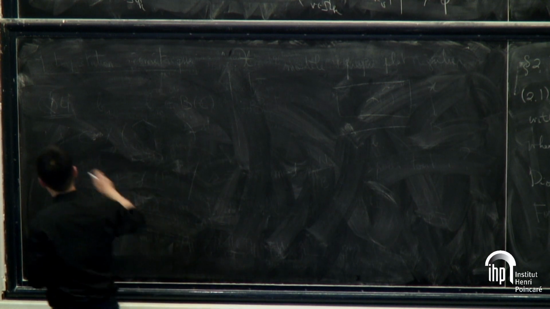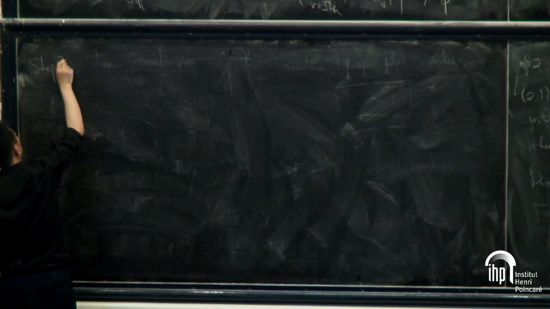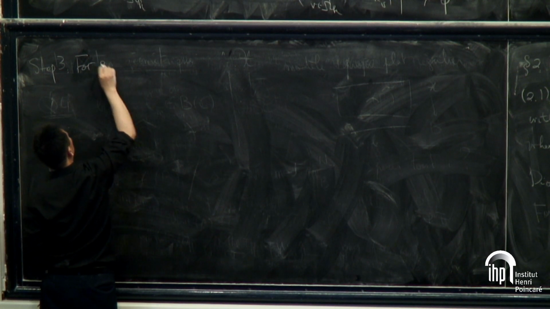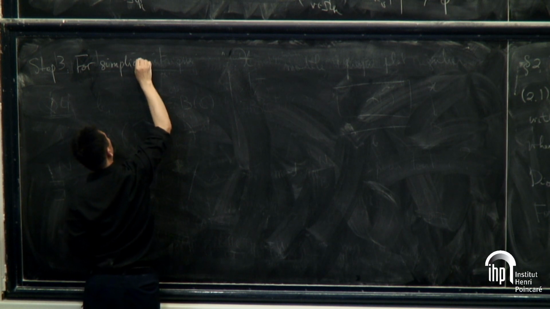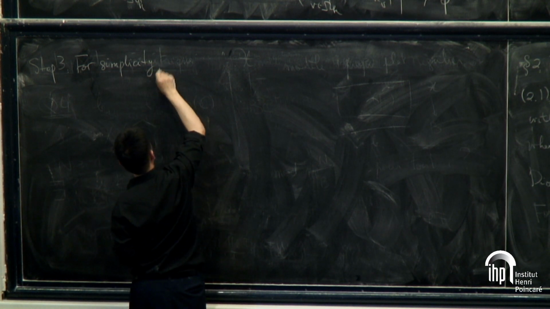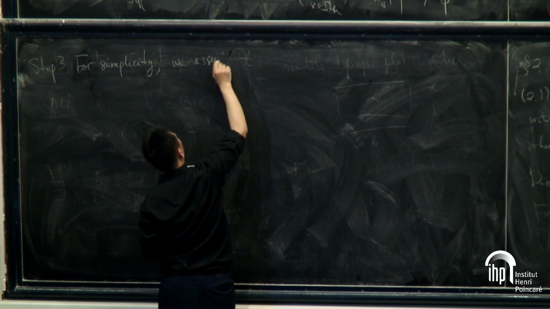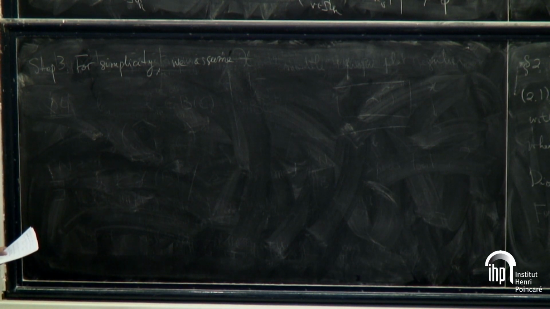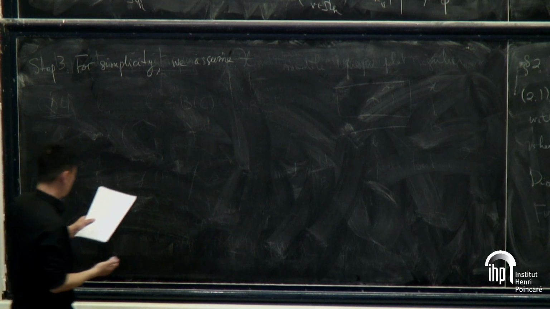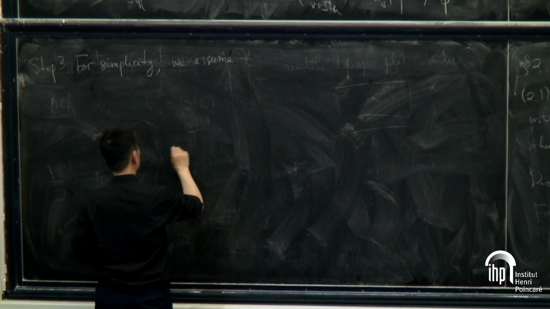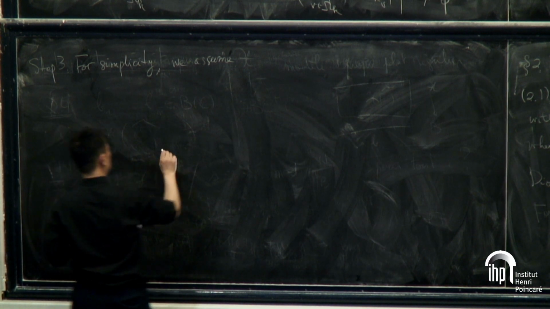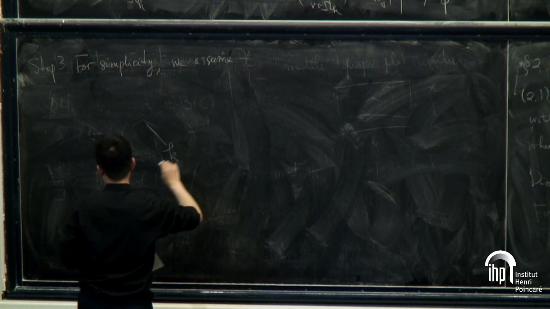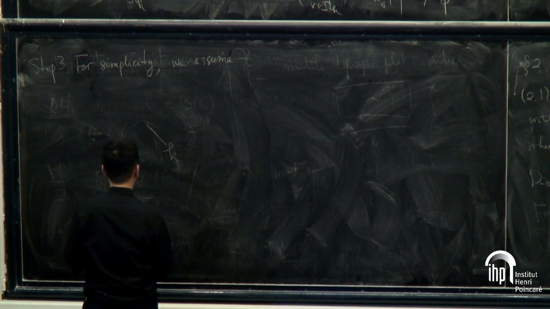Okay, so step 3. So for simplicity, I assume, my statement does not assume this one, but actually, eventually we get rid of this. At the beginning, we have this assumption, but we can get rid of this. Assume this, I have these pictures. K, I have this, then I have this, okay, I probably write something more.